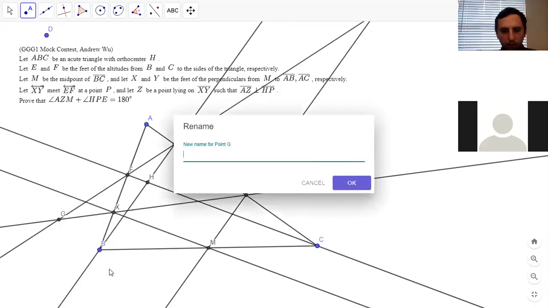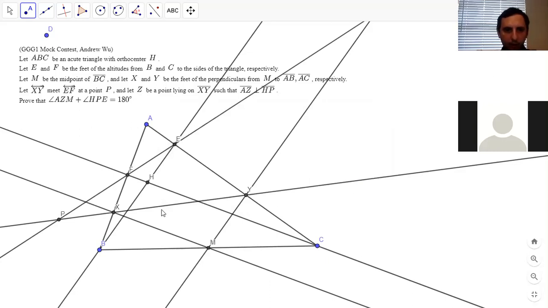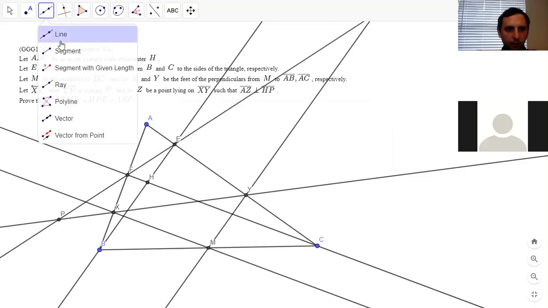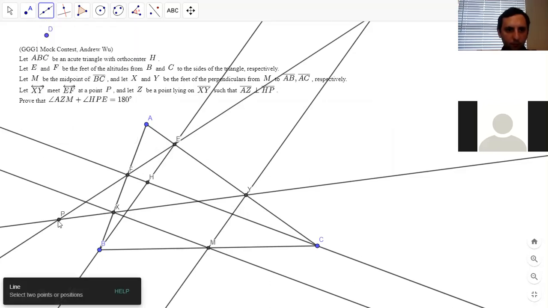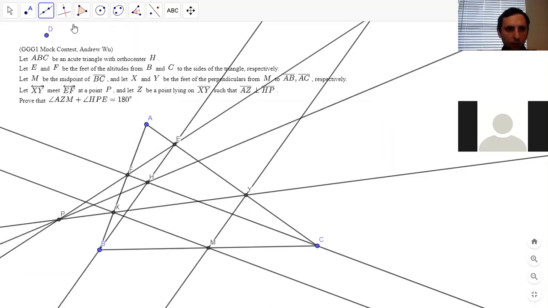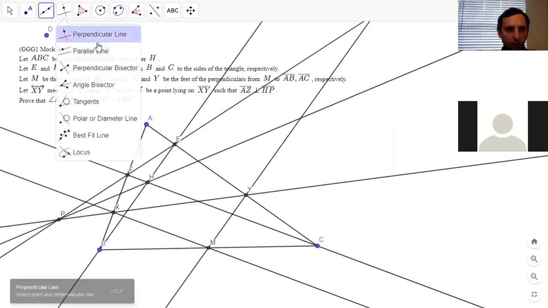Z lies on XY so that AZ is perpendicular to HP. Okay.